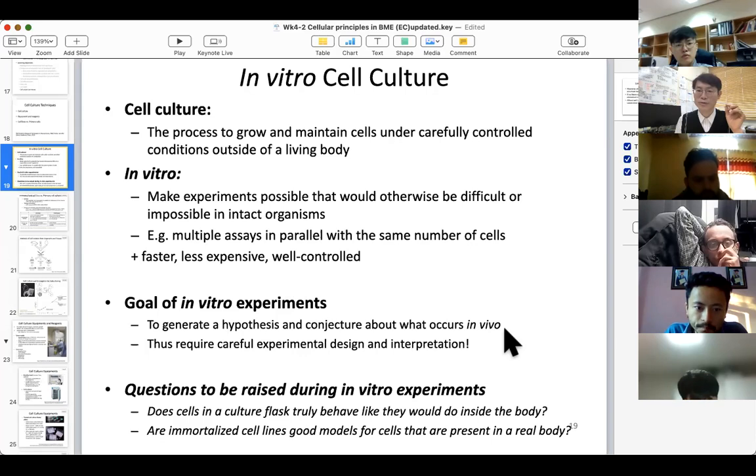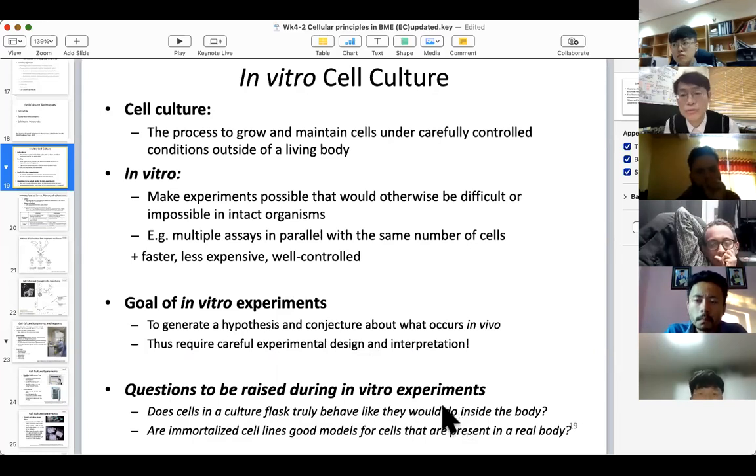Okay, so that requires careful experimental design and interpretation. So always I ask you to think: do the cells in a culture flask truly behave like they would inside the body, in vivo? There's always a limitation, and you have to be aware of that.